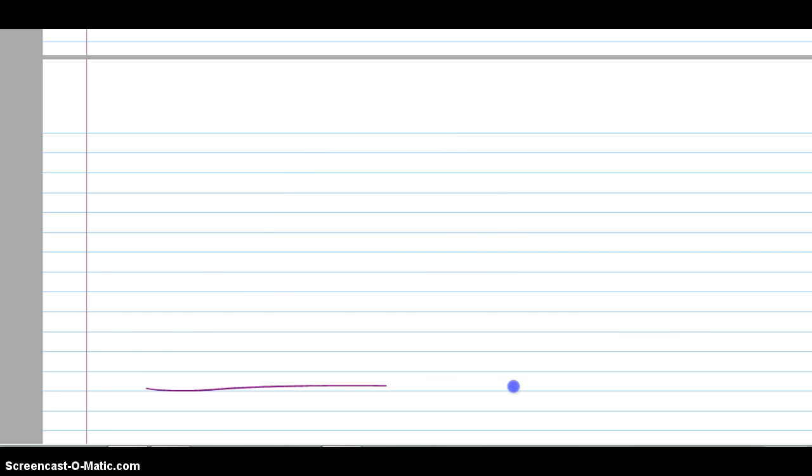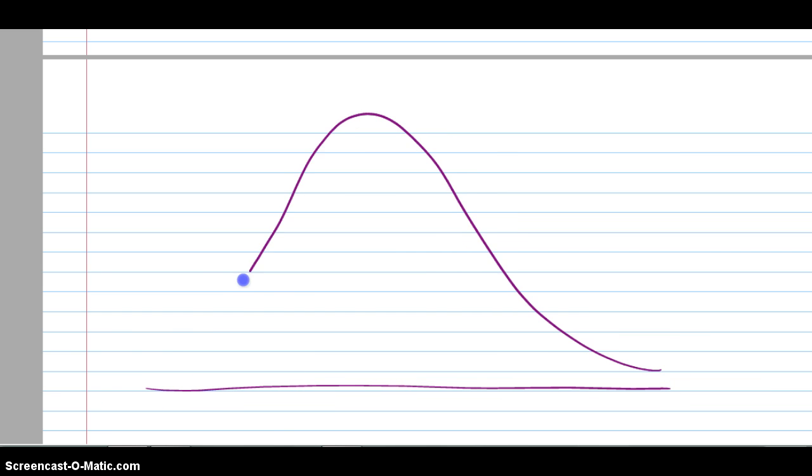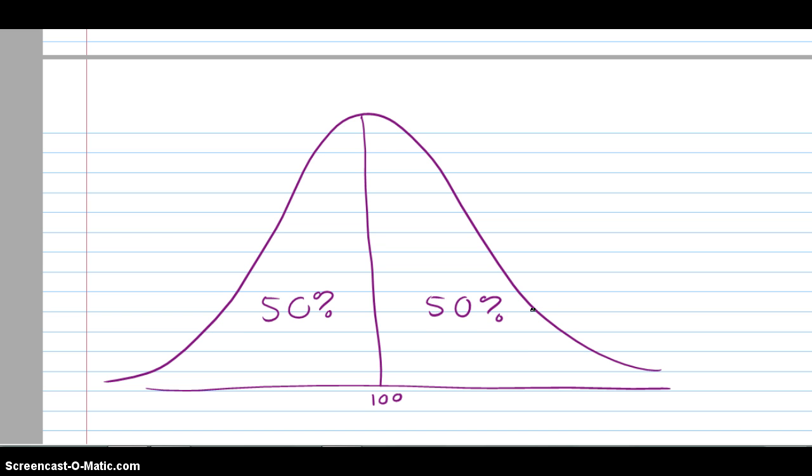Would we all agree that since this is symmetrical and we have 100% under the entire curve, if I cut the curve in half right at the mean, I have 50% to the left of the mean and 50% to the right of the mean.